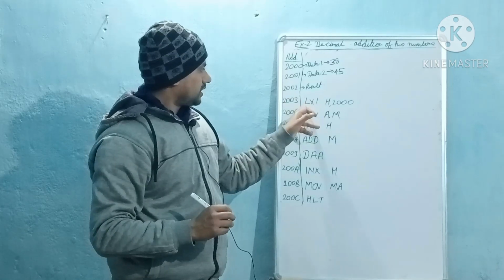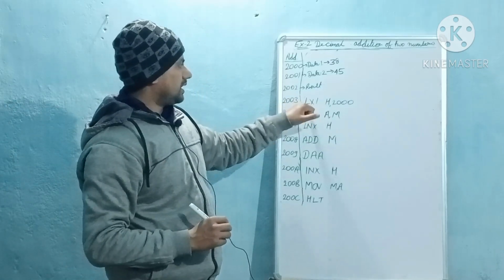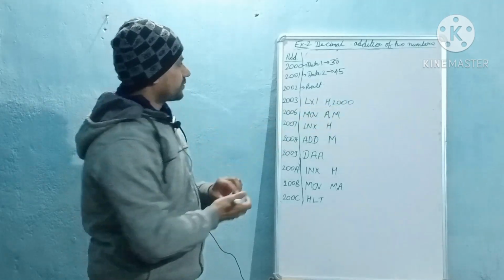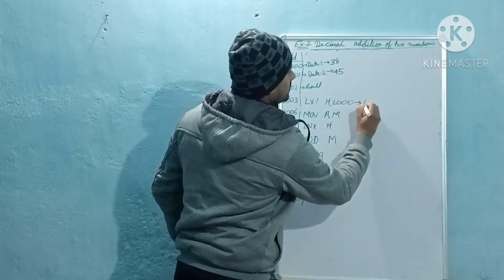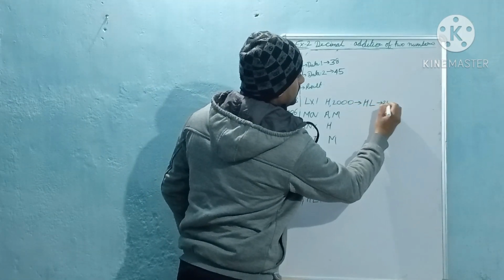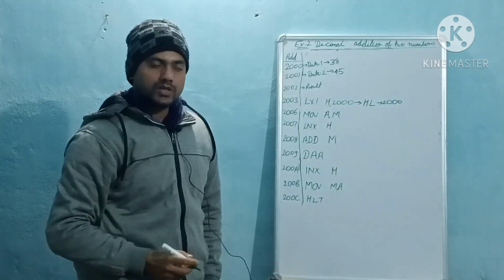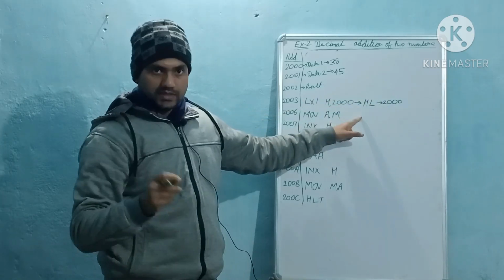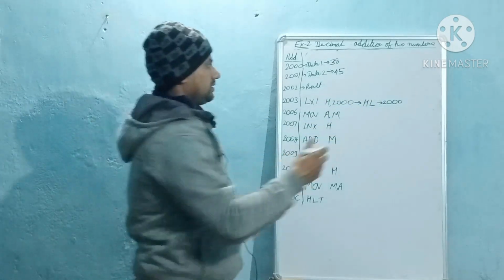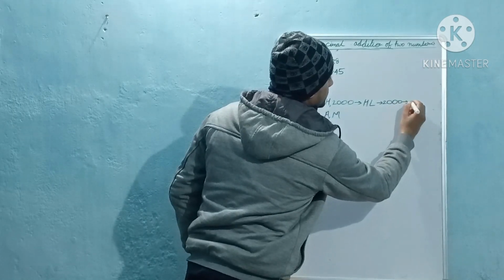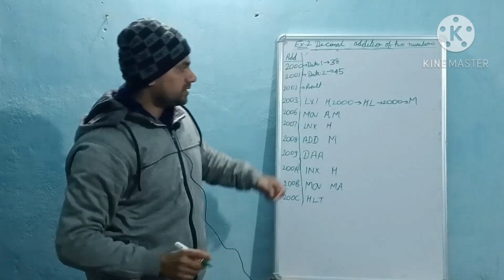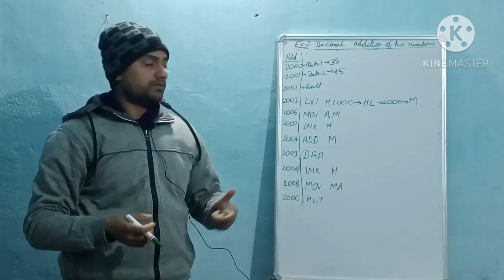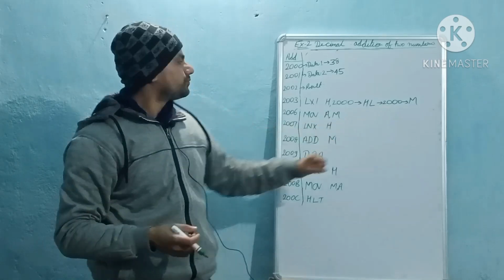For this addition, the first instruction used is LXI H, 2000. What it does is simply load the HL pair with 2000, and whatever we have in the HL pair acts as memory. It means from now onwards, whenever we refer to memory M, it will be the address 2000.